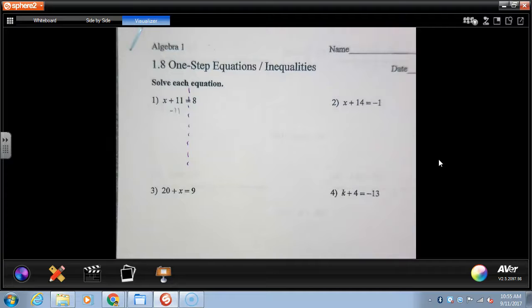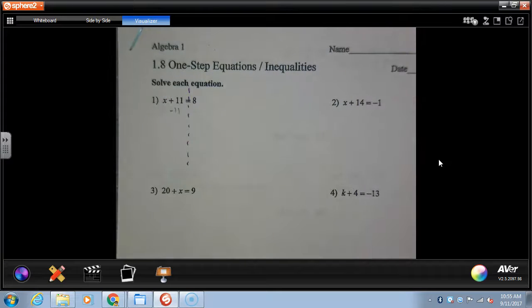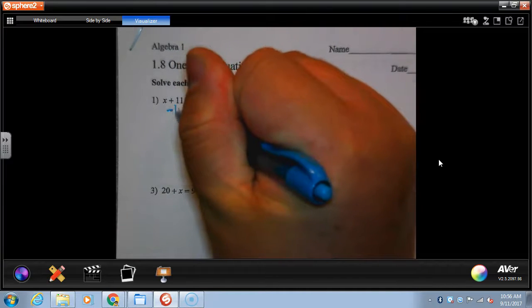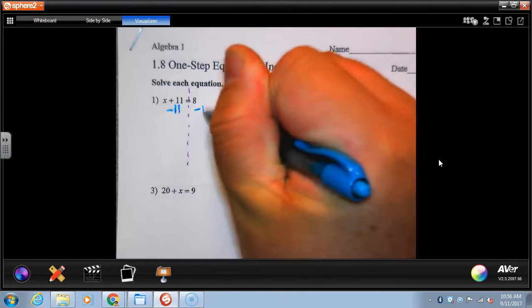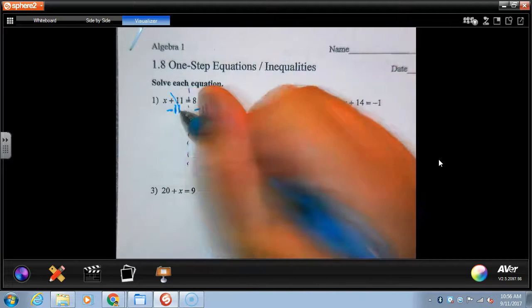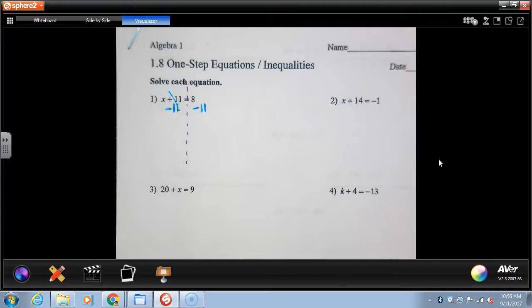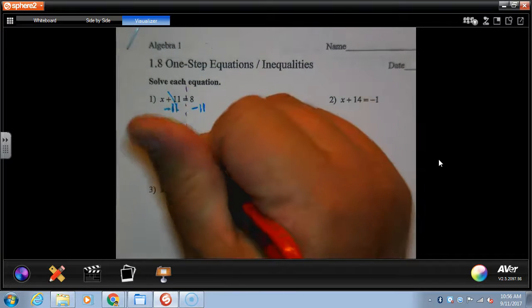There's students still in Algebra 2 that are putting the dotted line in there, okay? Because it helps them solve equations. Okay, so I'm going to subtract 11 from each side. Okay, a positive 11 and negative 11, or 11 minus 11, is 0.